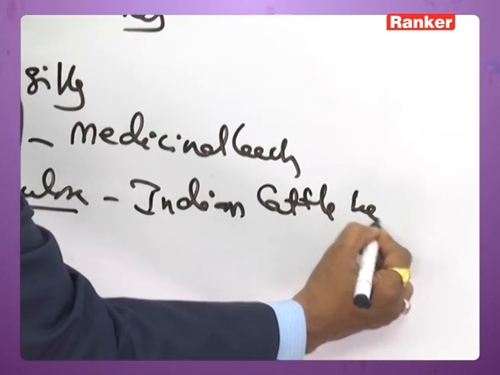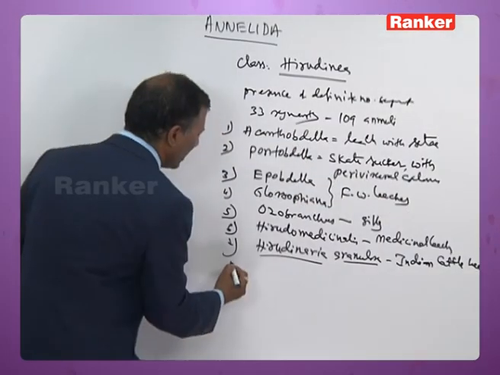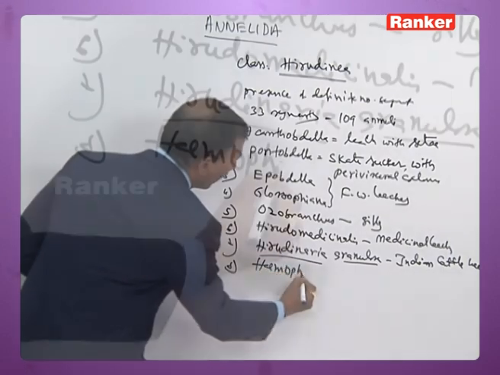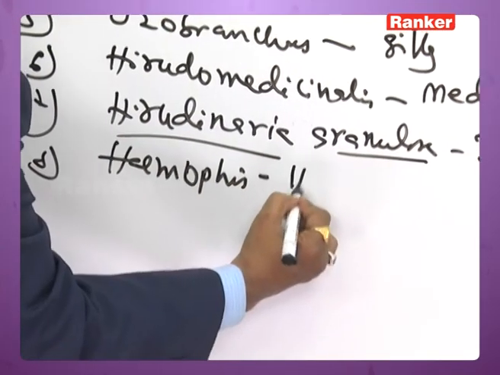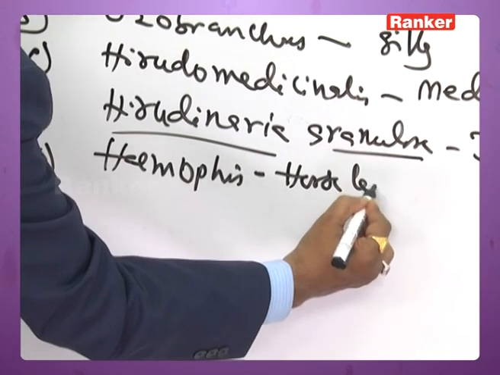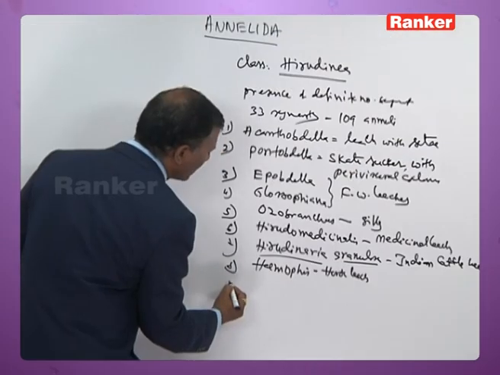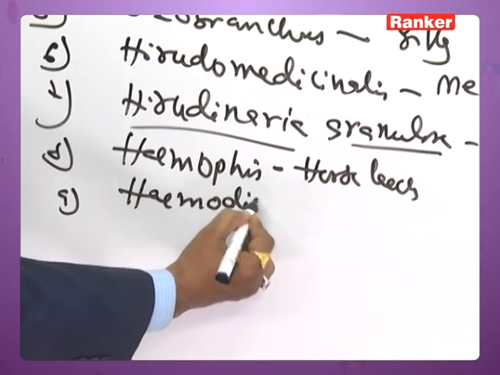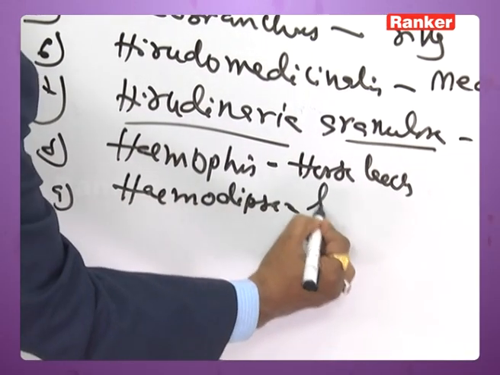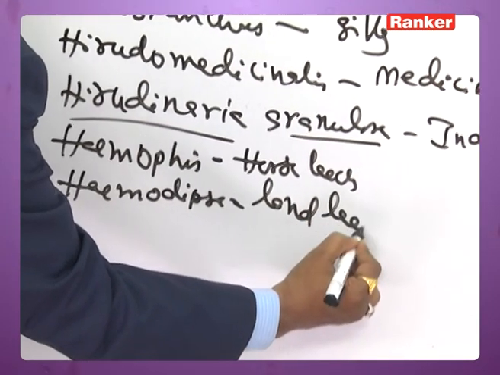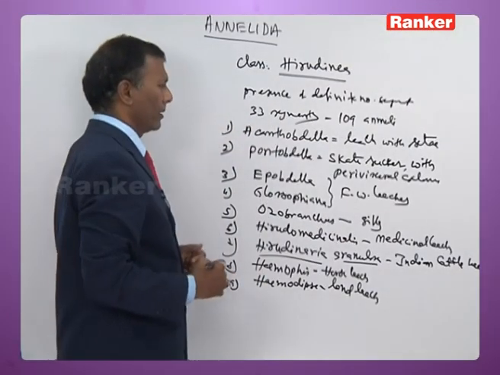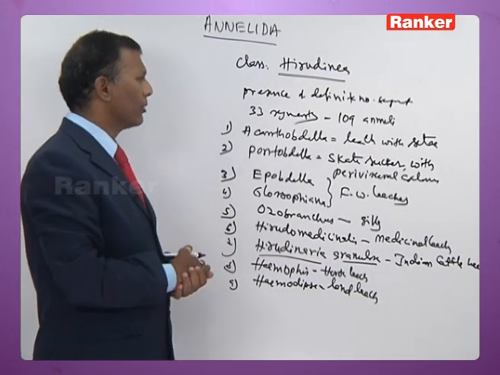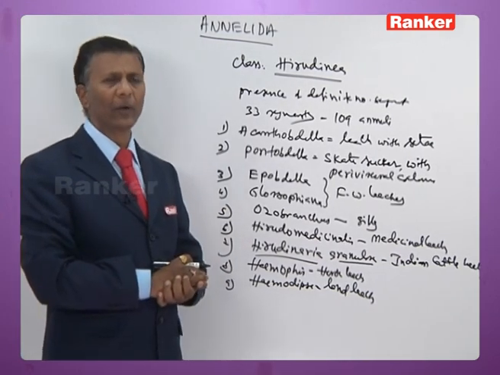Then you can have another example, Haemopis, commonly called horse leech. Haemadipsa is commonly called land leech. So these are the most important examples of Hirudinia.